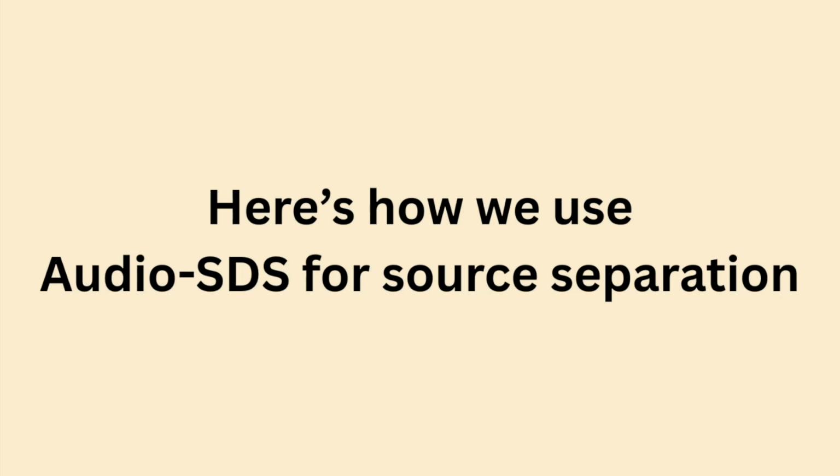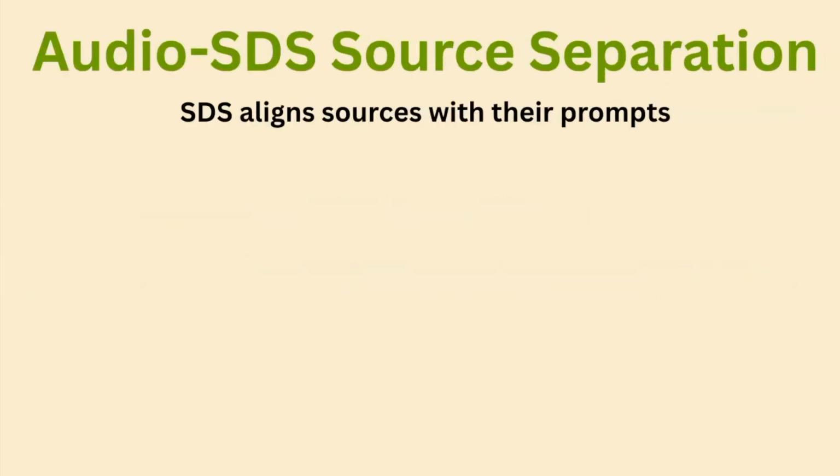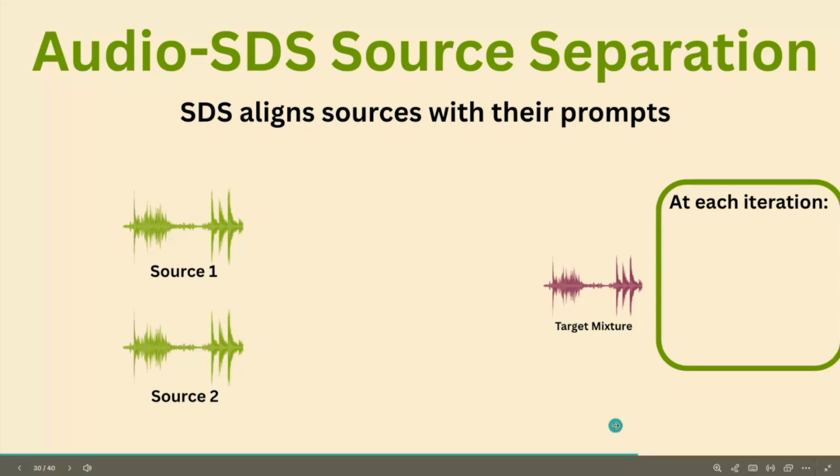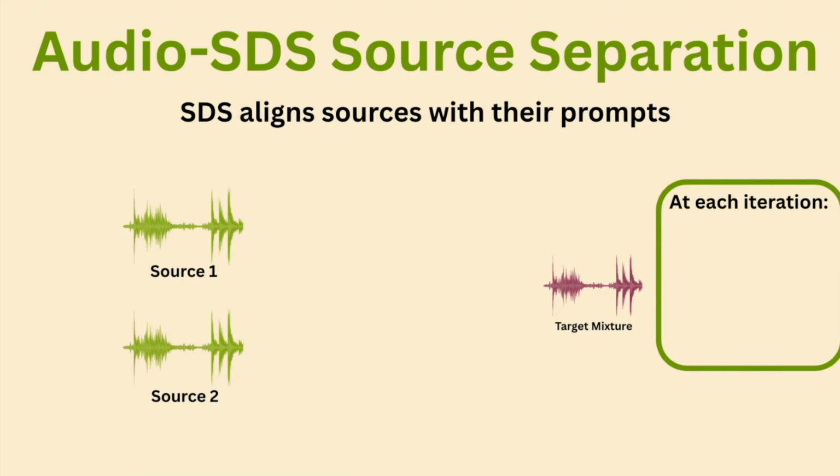And with that out of the way, let's see how we could use Audio-SDS to actually perform this sort of source separation. So here, the user is going to supply a set of prompts. In this example, we have 2 prompts, and the SDS, the Score Distillation Sampling, is really used to align those individual sources with the prompts themselves. Sorry, the user is going to supply 2 prompts, and they're also going to supply the mixture of the audio that we want to separate, right?